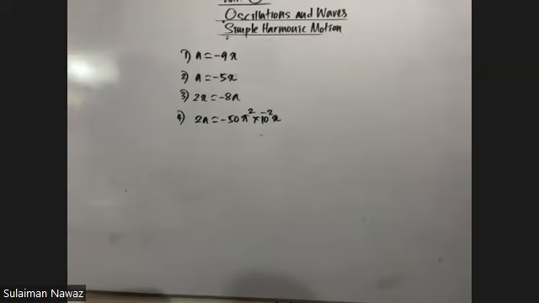SQ3, write down. 3 m s minus 1 and 4 m s minus 1 are velocities corresponding to the displacements 8 centimeter and 6 centimeter respectively.